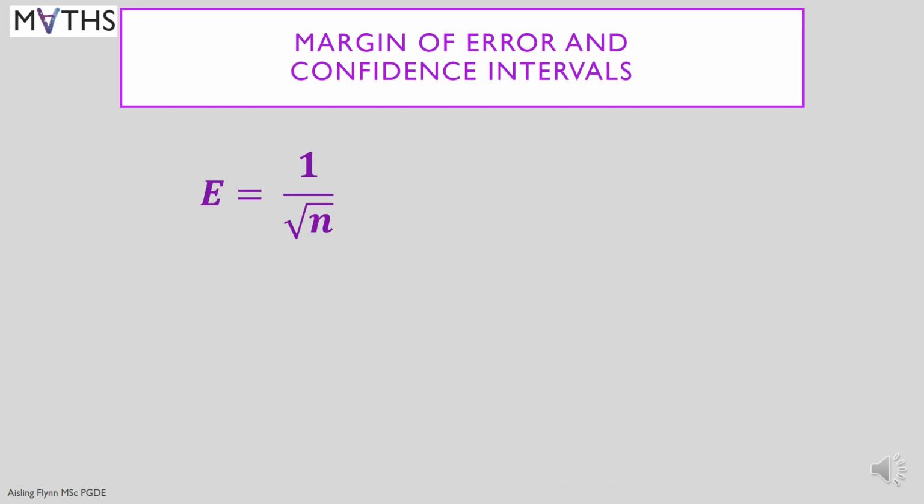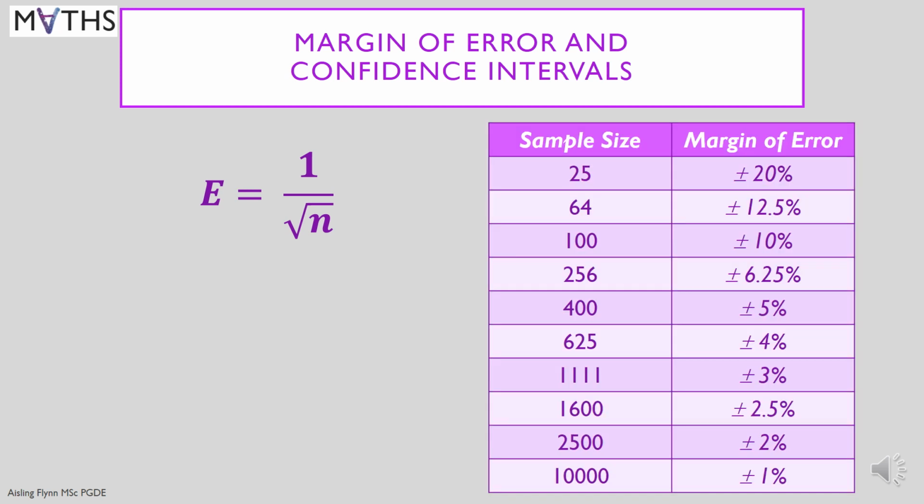Here's our definition for the margin of error, 1 over root n, and here's a table that shows how the sample size affects the margin of error. If you have a small sample, like 25, you get a very large margin of error, which is 20%, and so your confidence interval is really wide, and it's not much help.